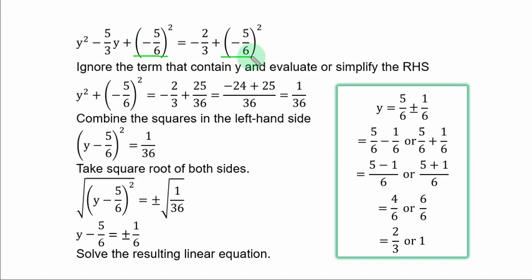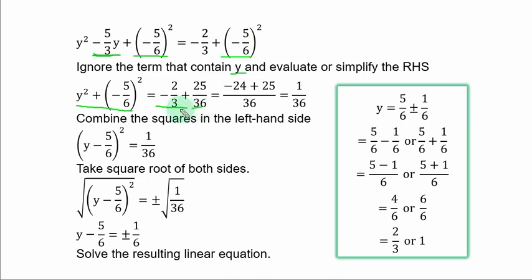The next step is to ignore the term that contains y, at the same time you simplify the right hand side to a single fraction. If you ignore this term, you have this result. So we have equal to minus 2 over 3 plus minus 5 squared, which is plus 25, over 6 squared, which is 36.